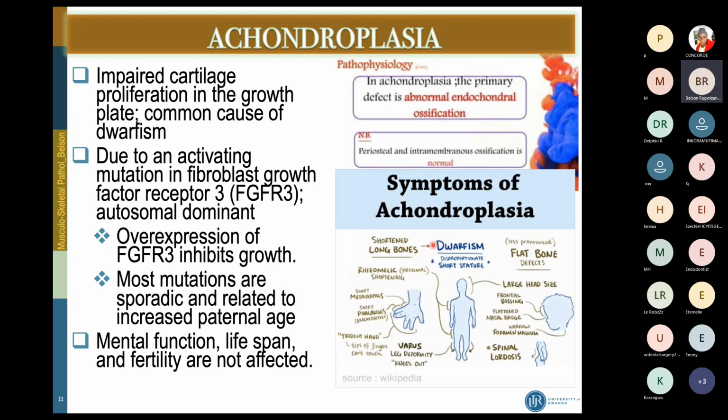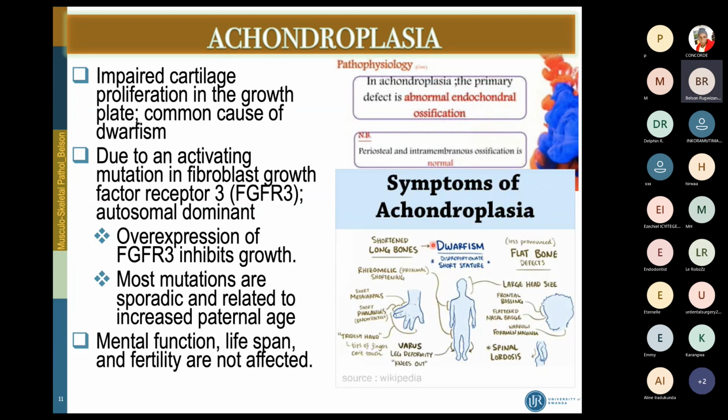So there is impaired cartilage proliferation in the growth plate, and this, as you can understand, if you understood what I presented before, will be a cause of dwarfism, because if the cartilage doesn't proliferate, the bone will not grow in length, and therefore someone will not grow in height.